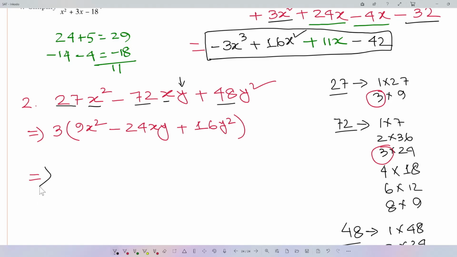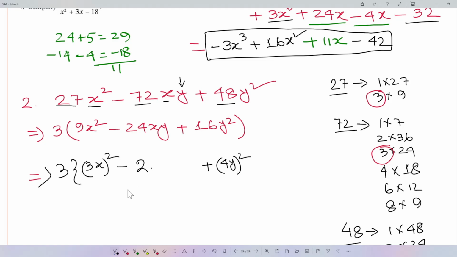Now 3 will be unchanged, and this one we can write 9x² as (3x)², minus 16y² we can write as (4y)².